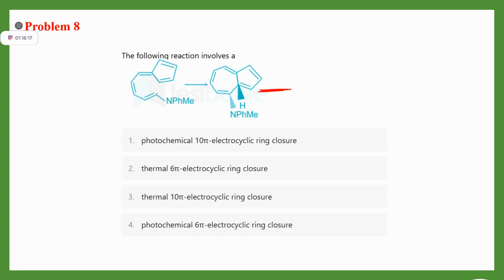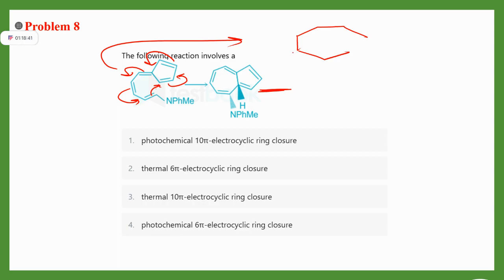See, one thing is clear that this bond is forming. So obviously this will go here, this will go here. Everything is in conjugation, right? If we look at this, what will form? Just draw carefully. This bond has come here.